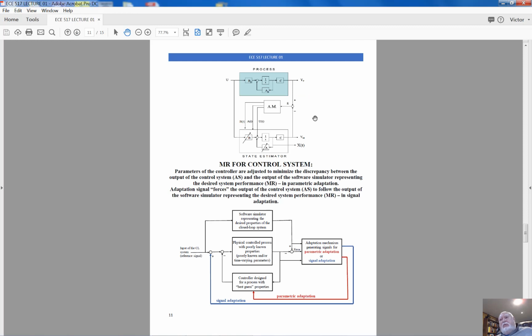This is a control system. In the control system, we have the following alternatives. First of all, take a look at this process. This process obviously is a real physical process.